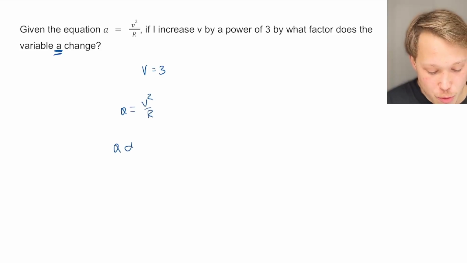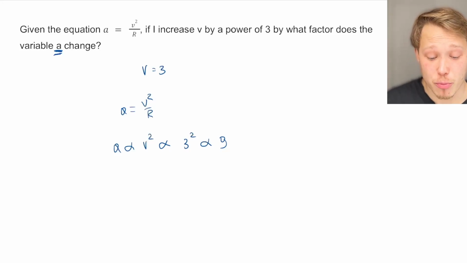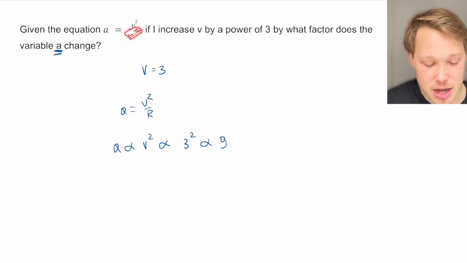So a is proportional to what? It's proportional to v squared, right? We basically are dropping the thing that is constant, which is r in this case. So if v changes by 3, variable a will change by a factor of 9. So just like before, I rewrote this equation using the proportionality sign and just dropped the stuff that stays constant.